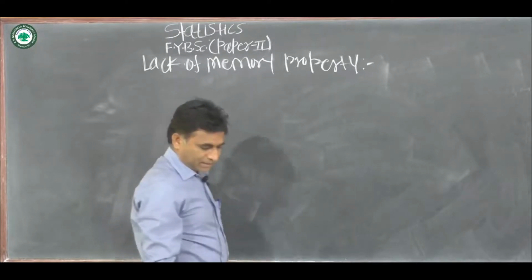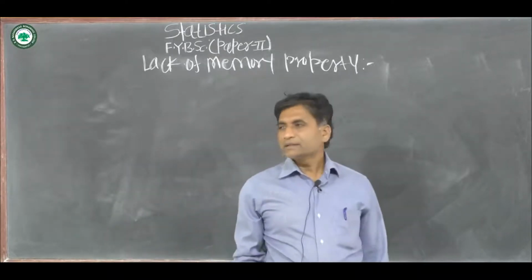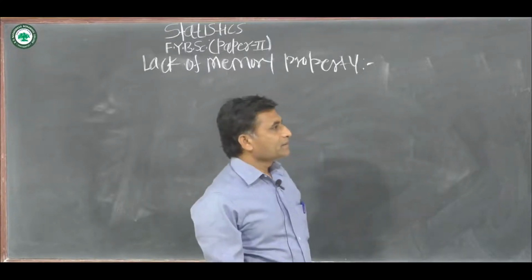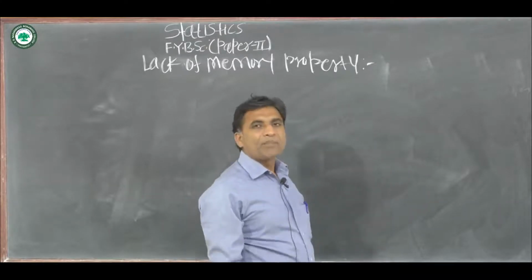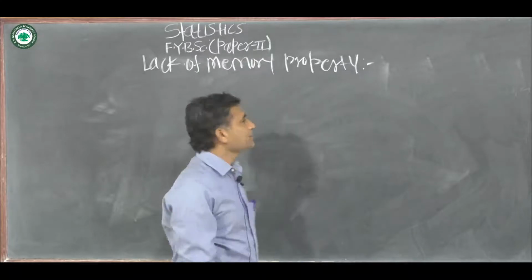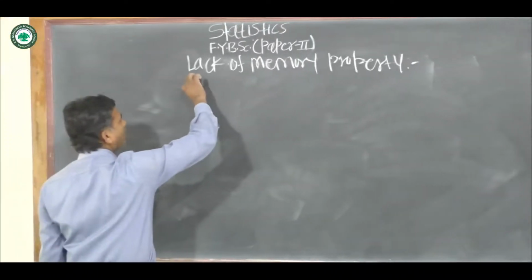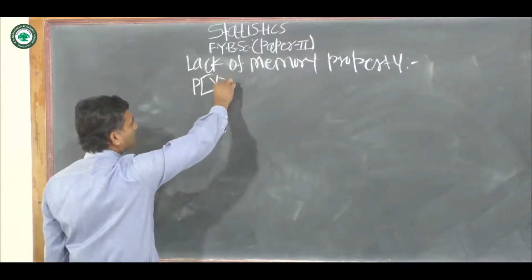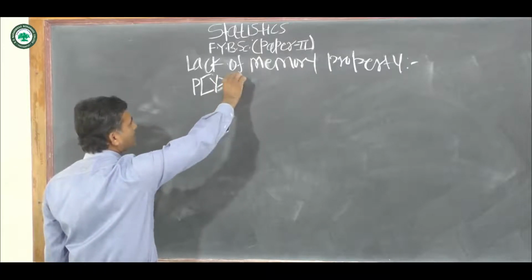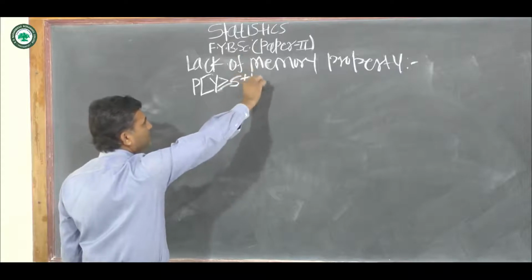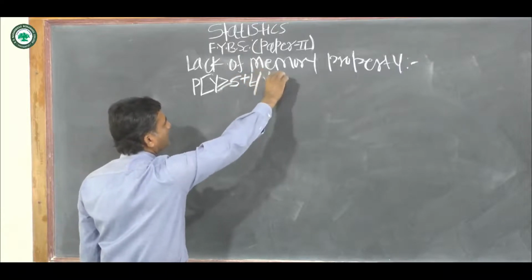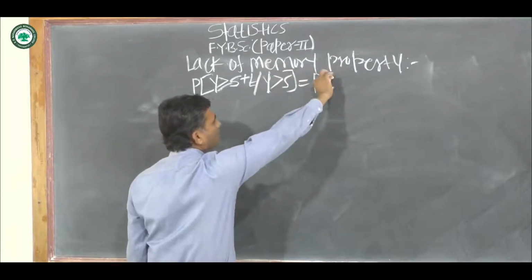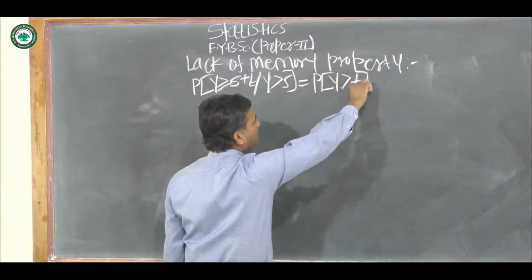Suppose capital X is a discrete random variable having geometric distribution with parameter p, then it possesses the lack of memory property, and its statement is given by: probability of Y is greater than s plus t, given Y is greater than s, is equal to probability of Y is greater than t.